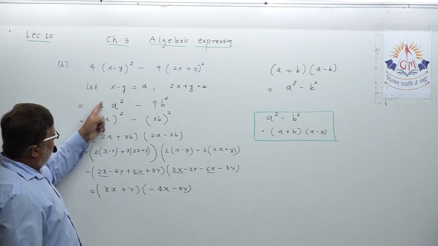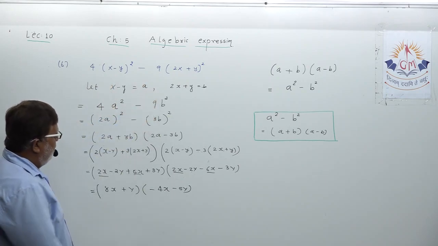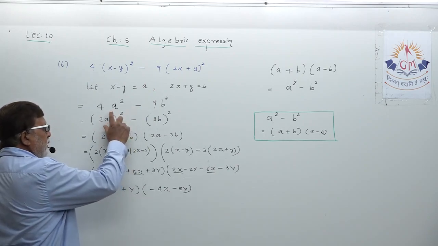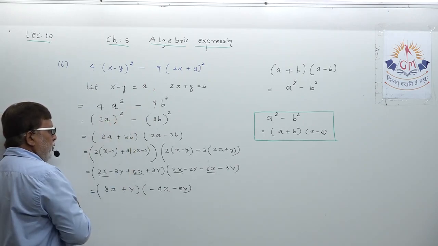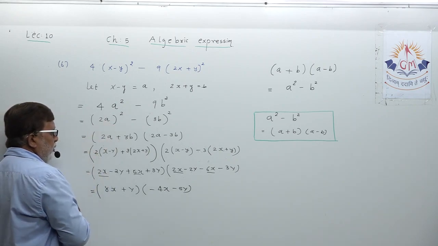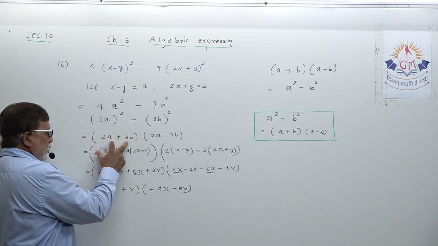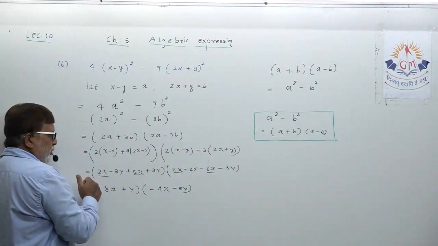This is 4, here A square, 9B square, 2 terms, take out the square root, 2a whole square minus 3b whole square, a square minus b square, a plus b, a minus b.